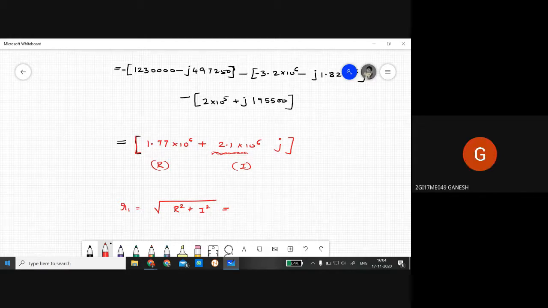Is anyone else getting the same? Sir, 2.1 into 10 raised to 6. So this is our R1 value.